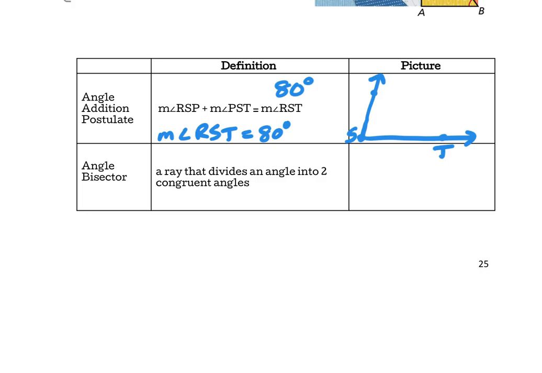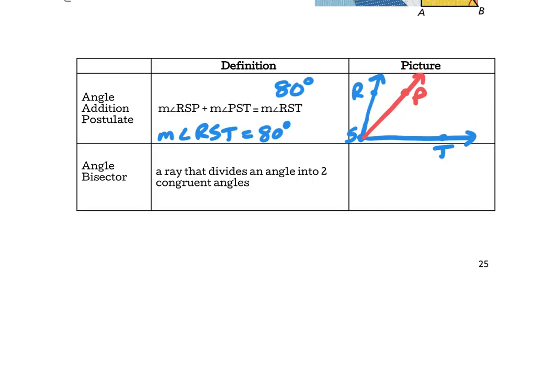Okay. Now, if I were to draw another ray down the middle of that angle, not necessarily that splits it in half, okay, so not right down the middle of it, but if I were to draw one that looks like this, and I'm going to call this one RSP. P would be right here, okay?